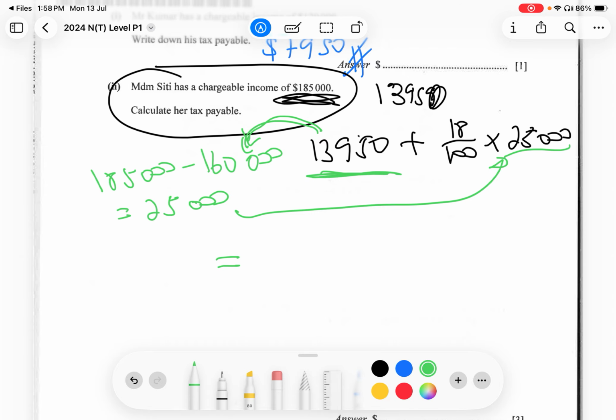Her total tax amount will just be 13950 plus 4500, 18450. That's the answer. This is the tax payable for Madam City.